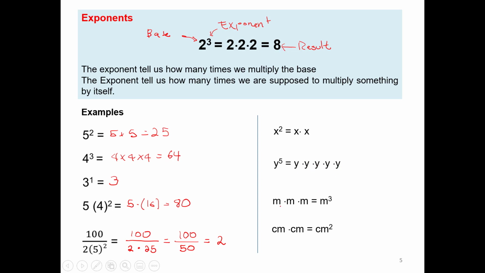If you had meters, let's think m is for meters, if you had meters times meters times meters, then you had cubic meters. If you had centimeters times centimeters, it means square centimeters. Then these are units of volume and these are units for area. Then we apply the same rule for numbers, for variables, and for units.